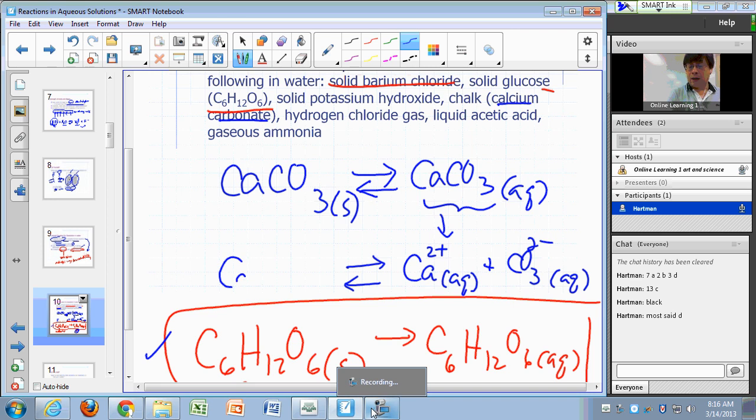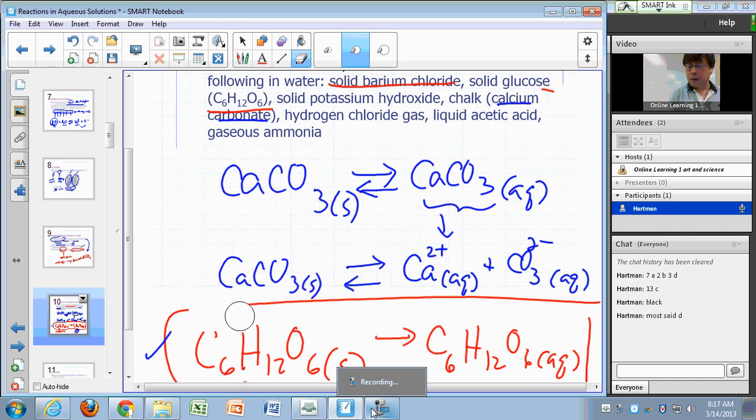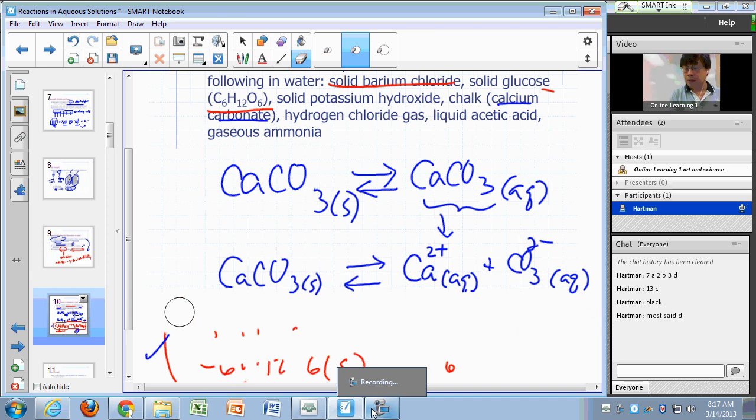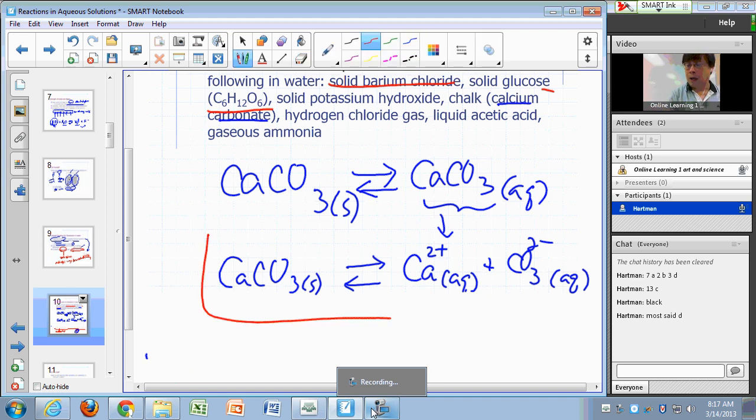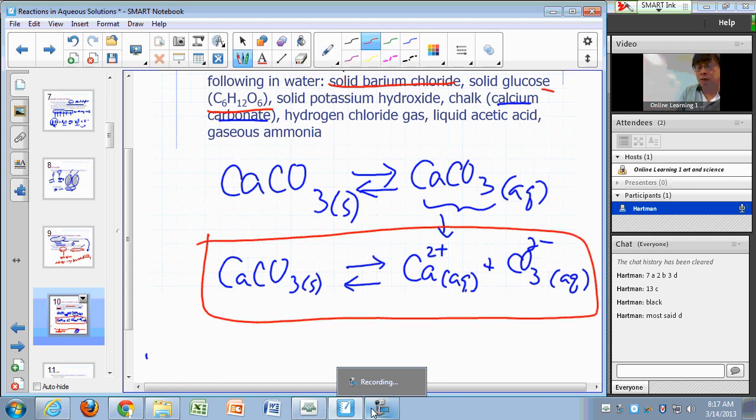So I can rewrite this: CaCO3 solid, double arrow, and then calcium ions plus carbonate ions. What we have here is your ionic equation. This is a more accurate way of describing what happens when you mix calcium carbonate with water. A little bit of it dissolves, and whatever little bit dissolves is in the form of ions that are individually surrounded by water molecules, individually hydrated.